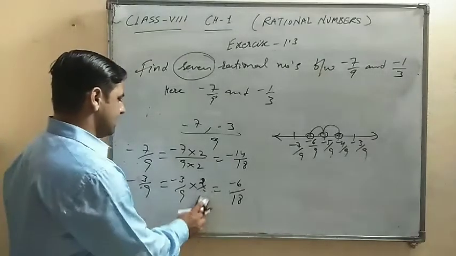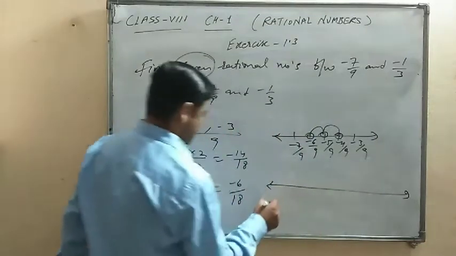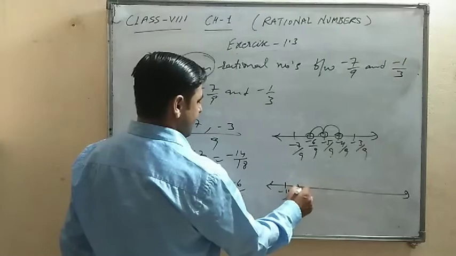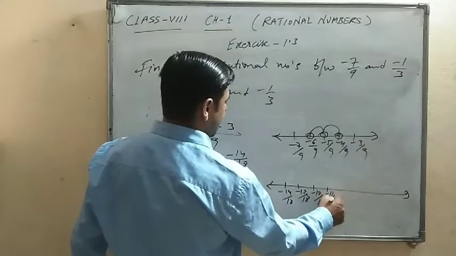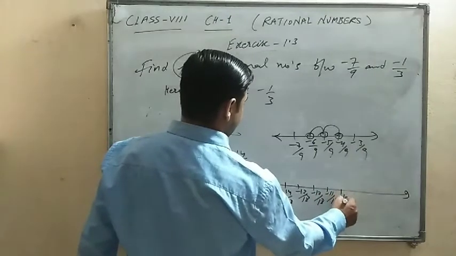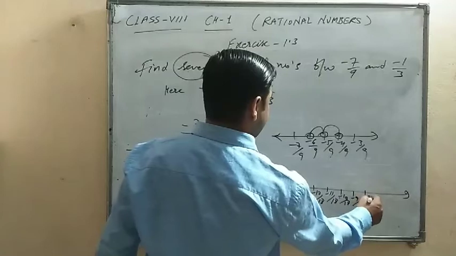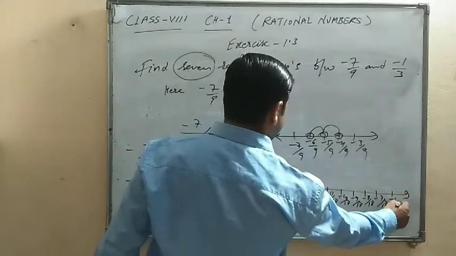So now you can check on number line. So minus 14 by 18, minus 13 by 18, minus 12 by 18, minus 11 by 18, minus 10 by 18, minus 9 by 18, minus 8 by 18, minus 7 by 18, minus 6 by 18.